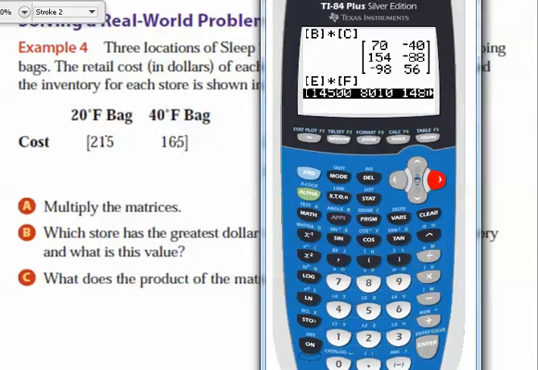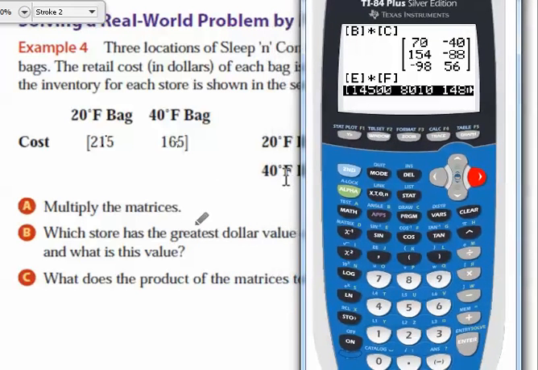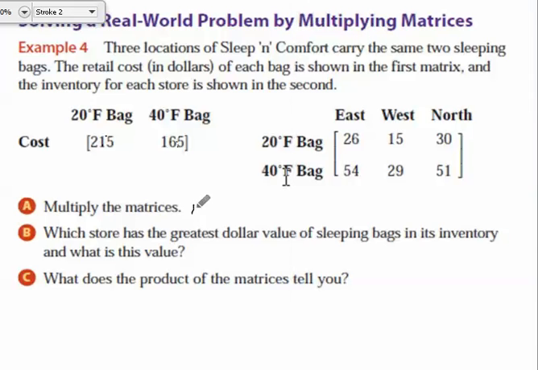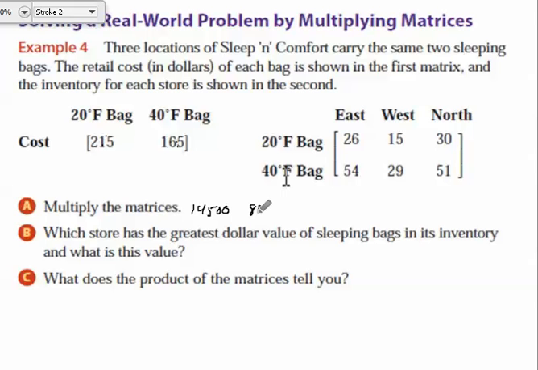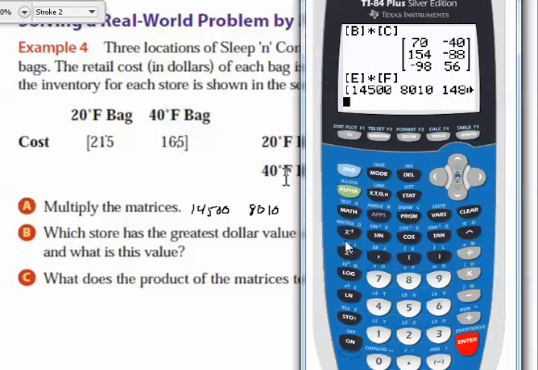Okay, so we multiply the two matrices together. We got 145, 0, 0, 8010, and 148.